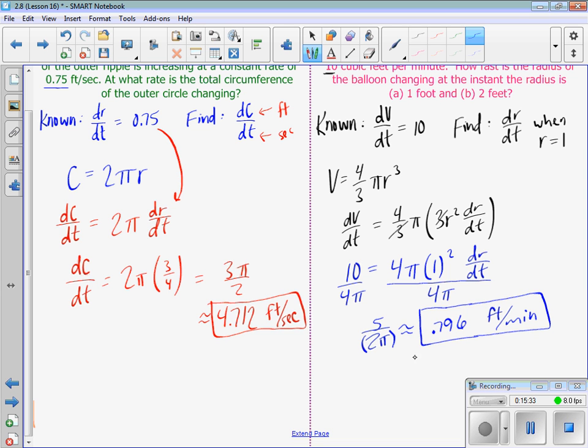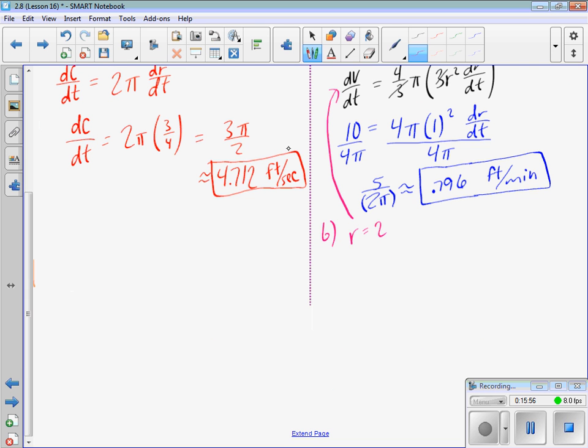Okay, so let's go on to part B then. For part B, we're plugging in r equals, what was it, 2? Yep, 2 feet. And I can just take it from this step right up here and plug in all this stuff again. So has my dV/dt changed? No, it's still 10.